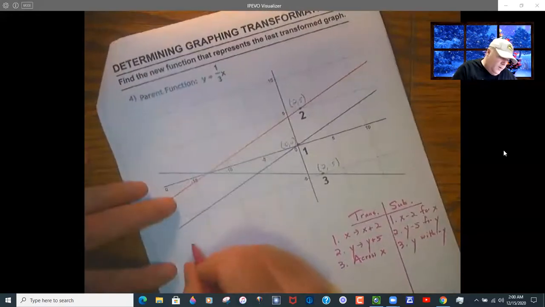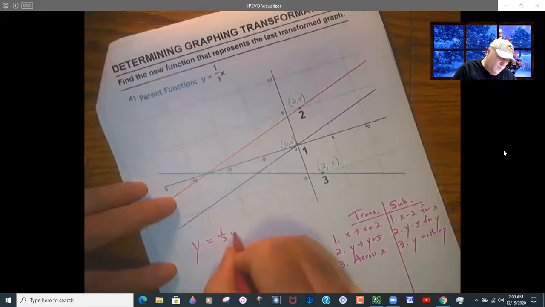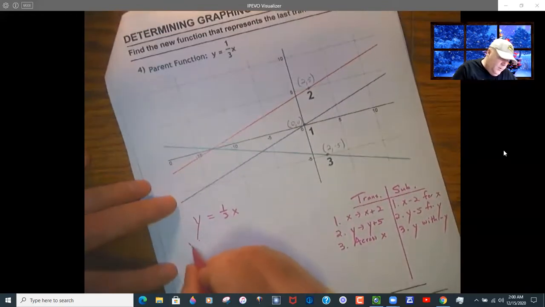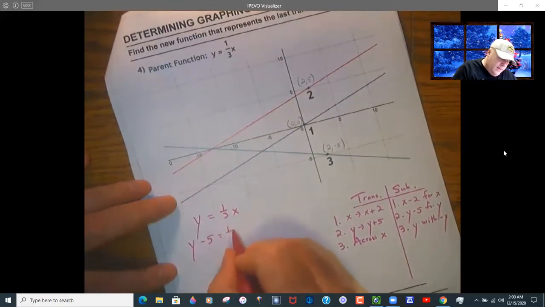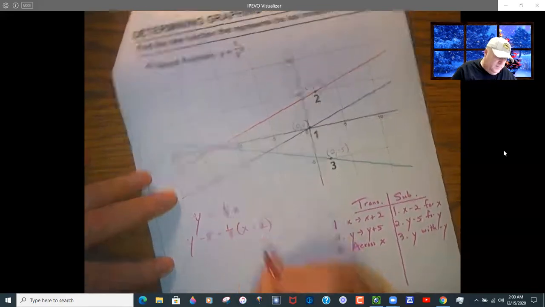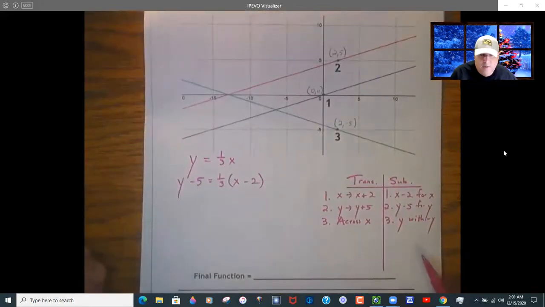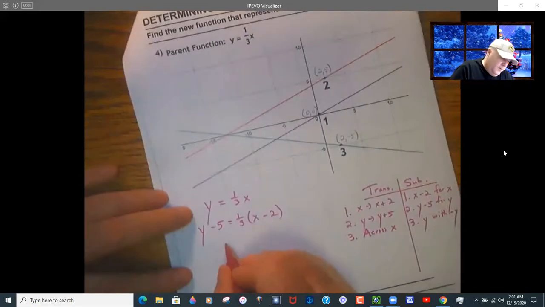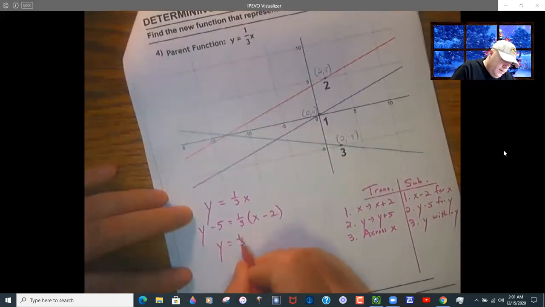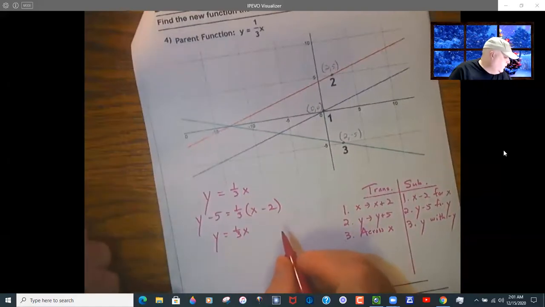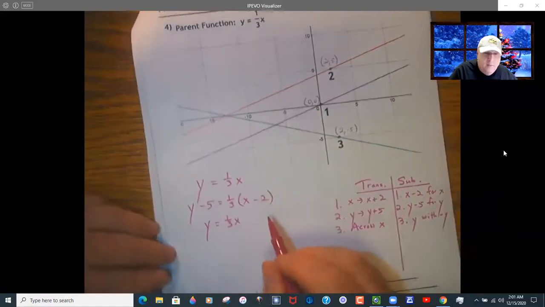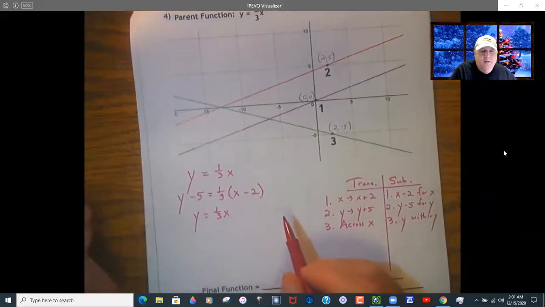All right, and we're starting with 1/3 x. So again, you can replace both the x and the y at the same time with translations. You can't with anything else, but since they're really kind of the same thing, you can put both of those. So 1/3 x minus 2/3 plus 5. So that's minus 2/3 plus 15/3.